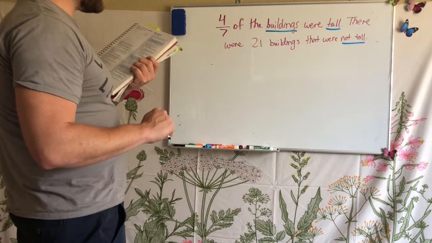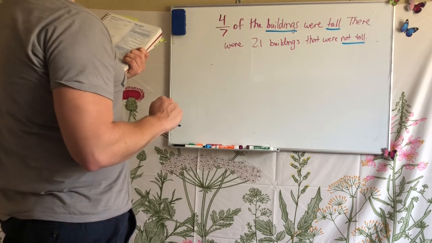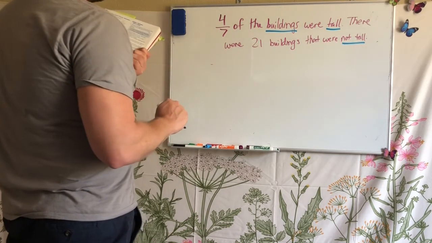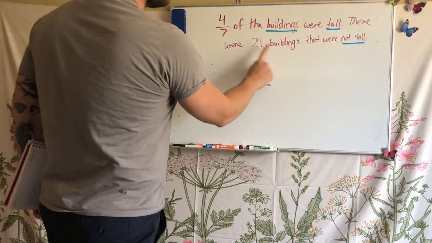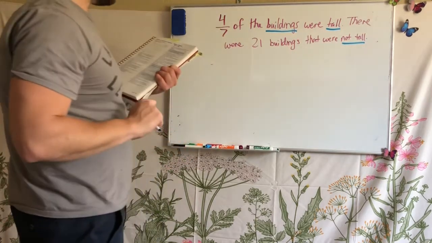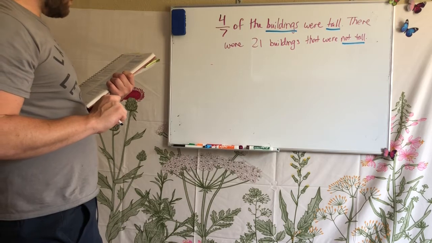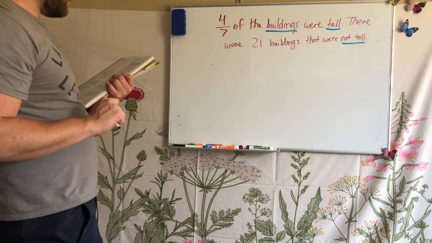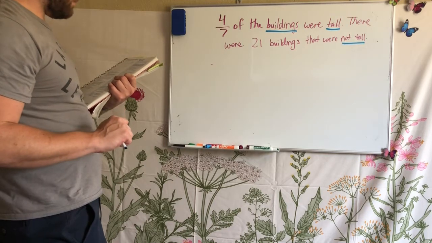So in this, which name has a number? Pause the video. Not tall buildings, because it says 21 of the buildings were not tall. Not tall gives us 21. So raise your hand when you can say the letter equation for not tall.